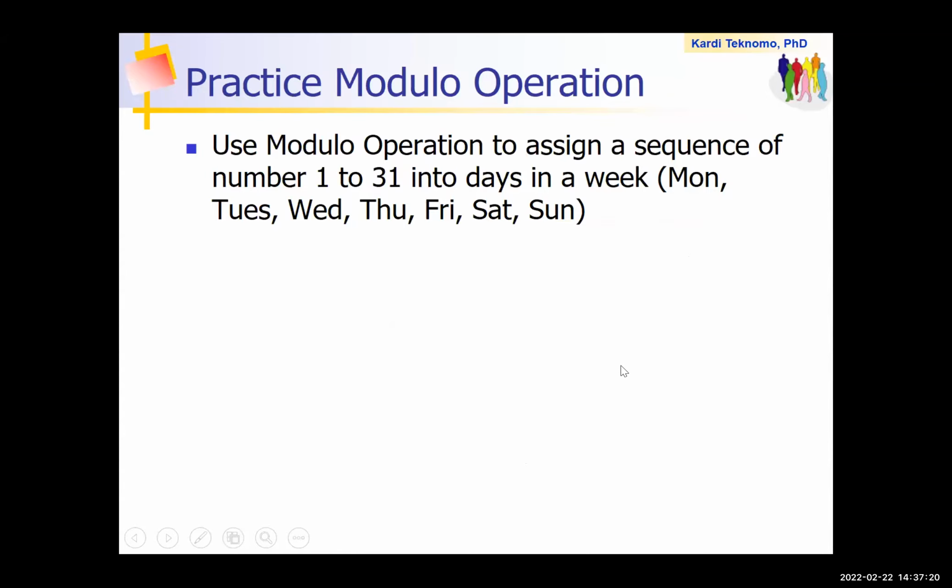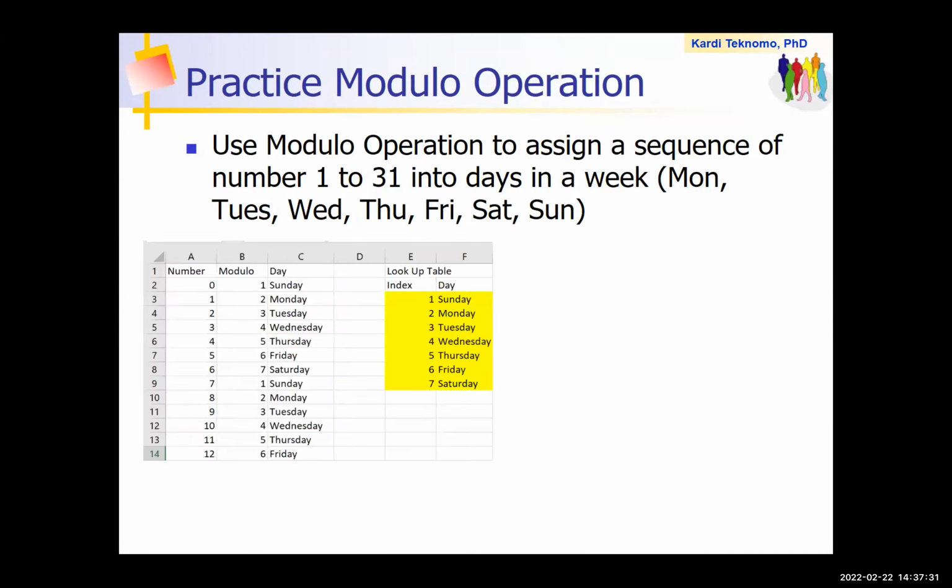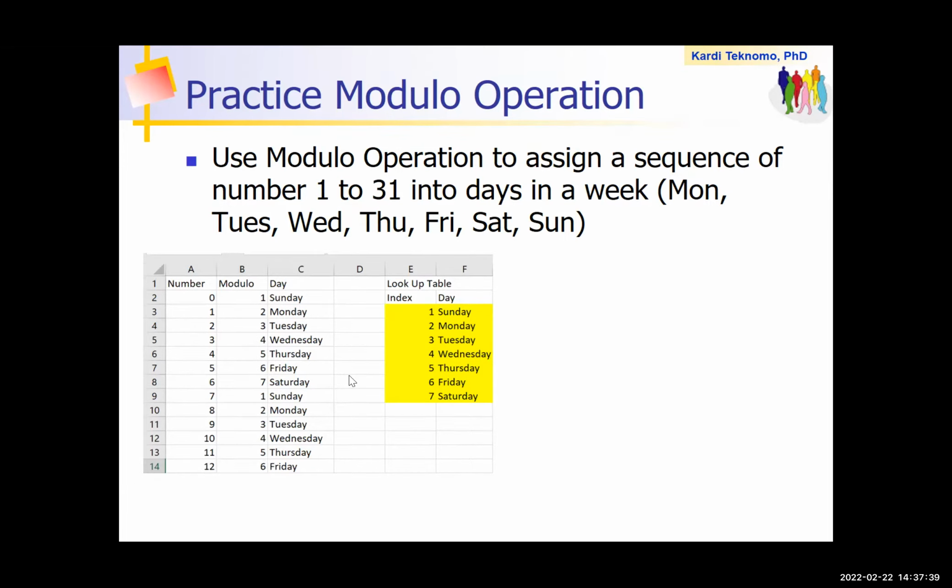And then assign the day in the week. Day in the week is Monday, Tuesday until Sunday. Earlier I put 0. So something like this. You can use the modulo operation for this purpose.